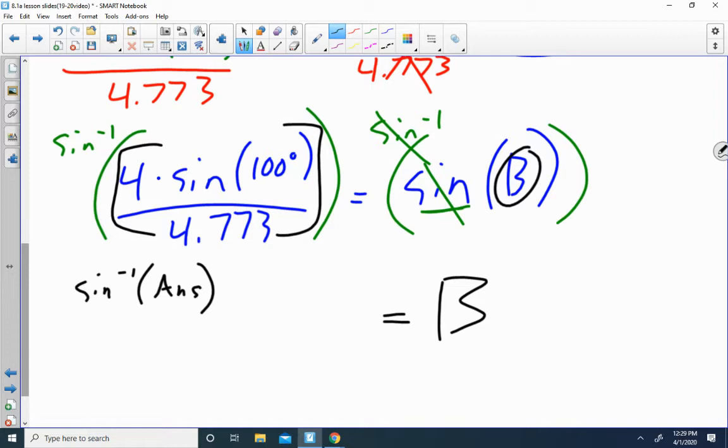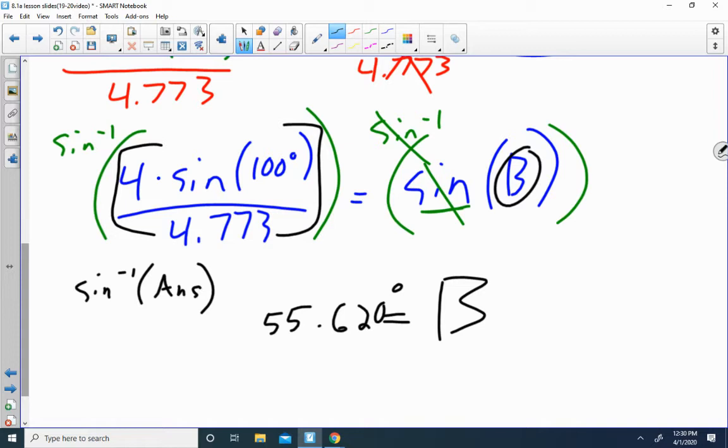So 4 times sine of 100 degrees, and then we're going to divide that by 4.773. Then take the cosine. Oh, no, sine, we're right. Do sine inverse. Sine inverse of the previous answer. And you're going to get big B is 55.620 degrees.